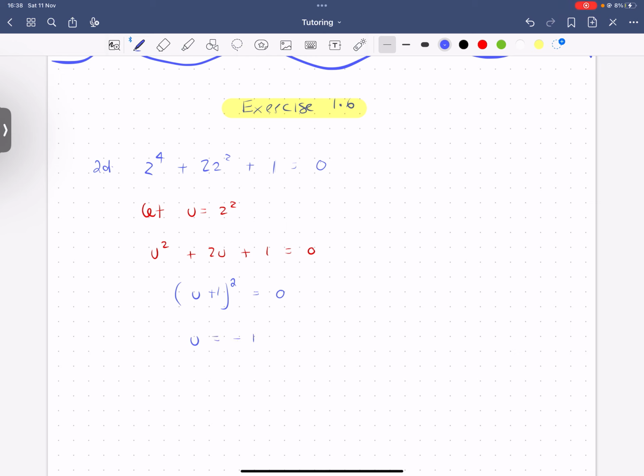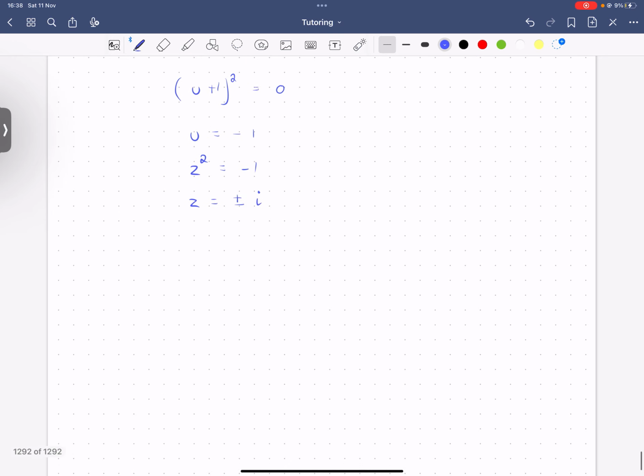Now we know, however, that u is equal to z squared. So since u is equal to z squared, then z squared is equal to minus 1. If we square root both sides, we get plus or minus i, and that's the solution there.